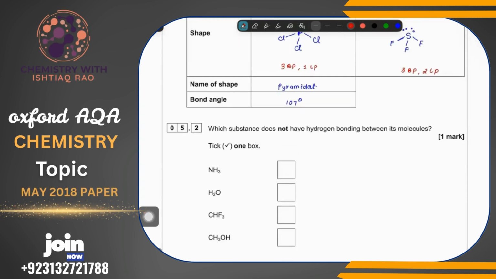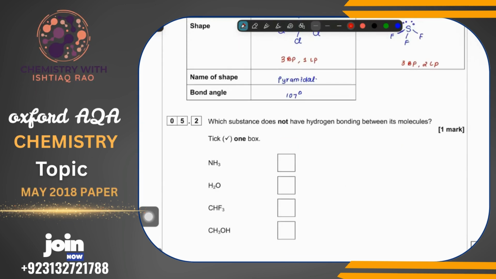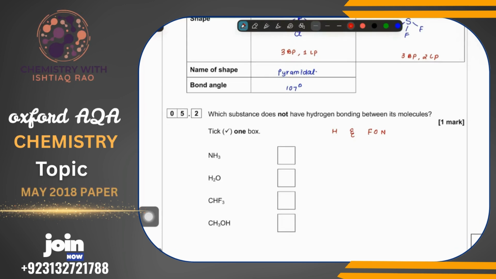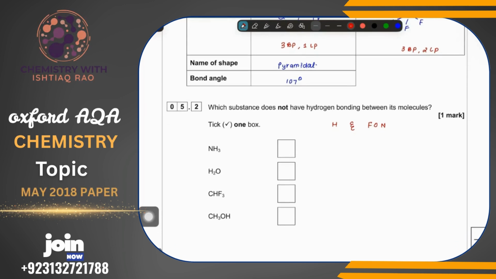Which substance does not have hydrogen bonding between its molecules? If you remember, hydrogen bonding is the bond between hydrogen and highly electronegative elements. That was three: fluorine, oxygen, and then nitrogen. So the answer to this would be, wait, it would be having hydrogen bond.